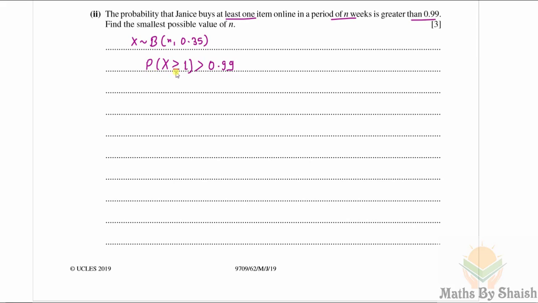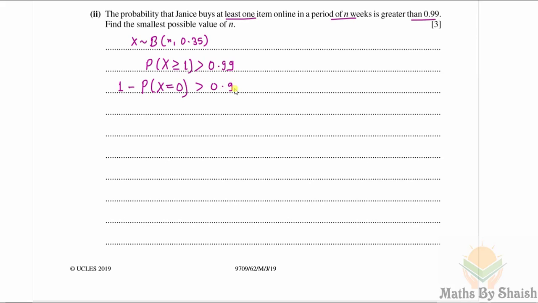So now we can calculate with the help of the formulas. If it is probability of x greater than or equal to 1, in place of finding 1, 2, 3 and so on till n, we can simply calculate 1 minus probability of x less than 1, and we know it is discrete, so it is exactly the same as probability of x equal to 0.